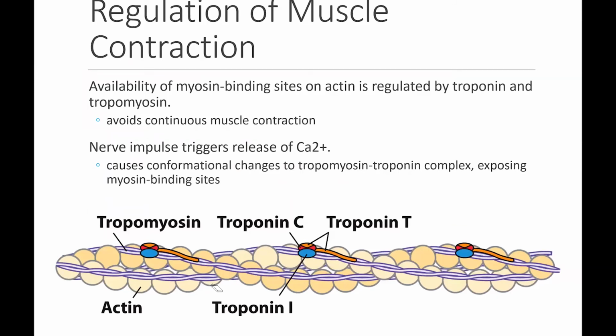Now, there is also another type of regulation that's occurring in muscle cells, and it's occurring through ligand binding. When I just discussed use of ATP hydrolysis to contract a muscle, if that was always available to our muscles, we essentially would always be in a contracted state.